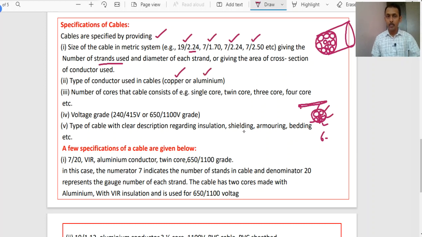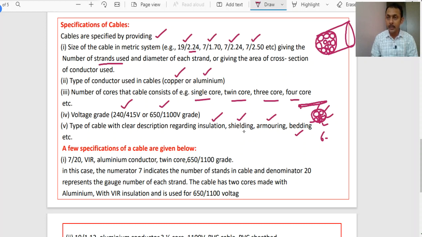So here, the type of conductor used in the cable, whether it is copper or aluminum, and the number of cores, whether it is single core, twin core, 3 core, or 4 core, etc. And depending upon the voltage grade, whether it operates at 240 or 415 volts or 650 by 1100 volts grade, and the type of cable with a clear description of the insulation used, the shielding material or shielding type, armoring and bedding, etc. All these are the points to be considered with respect to the specification of a cable.